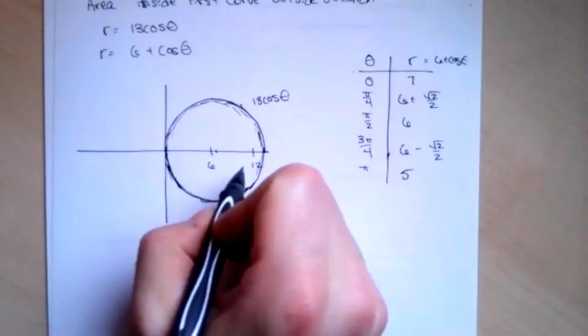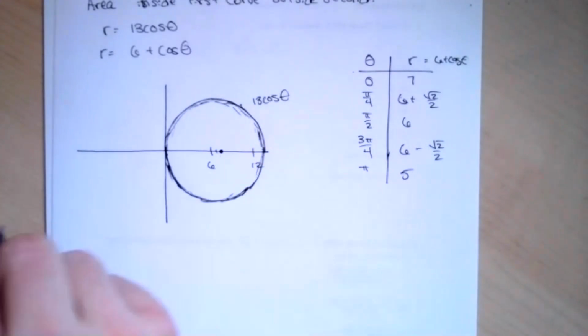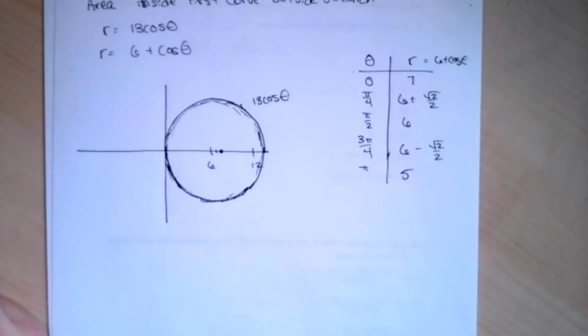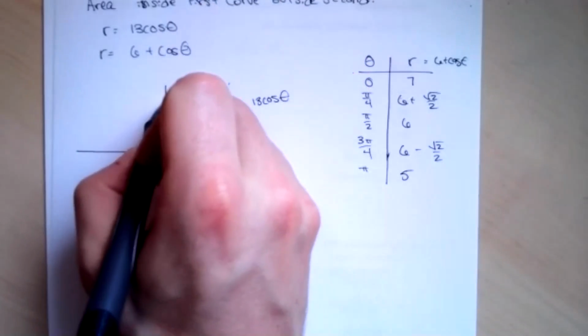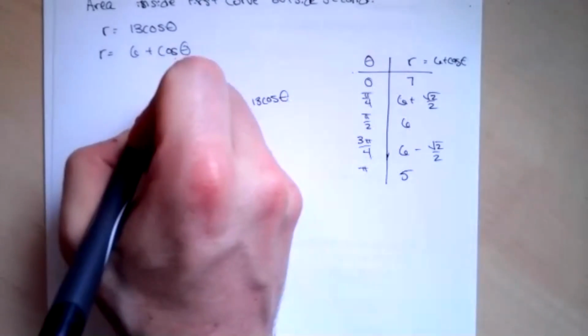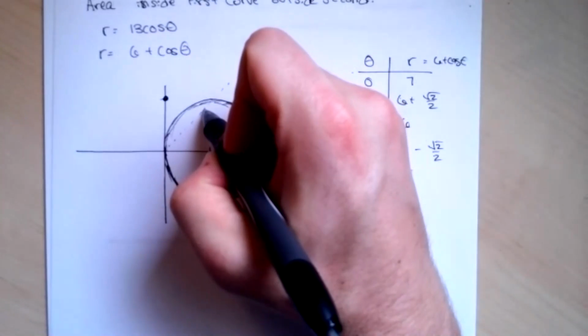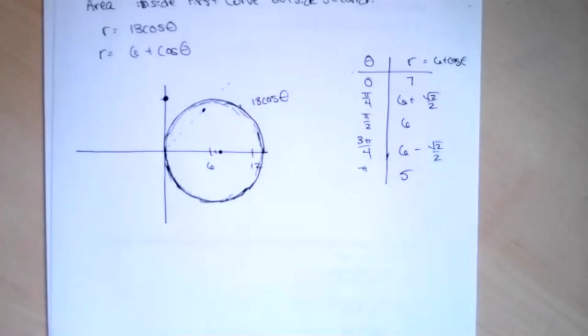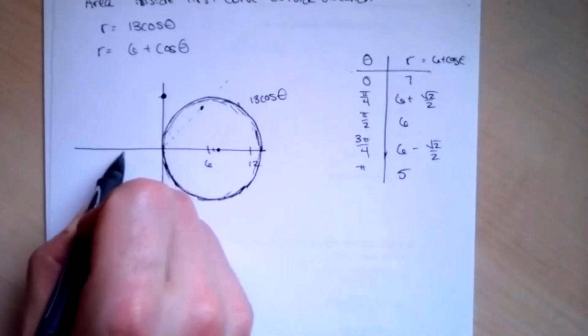So if we plot it at 7, maybe somewhere there, then at pi over 2, we go up to 6. And so it's going to come maybe there. 3 pi over 4, and then pi.